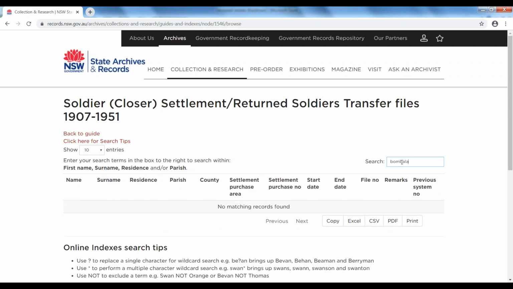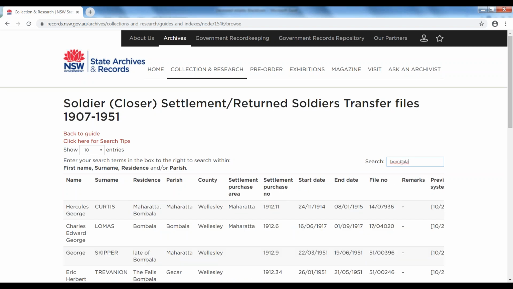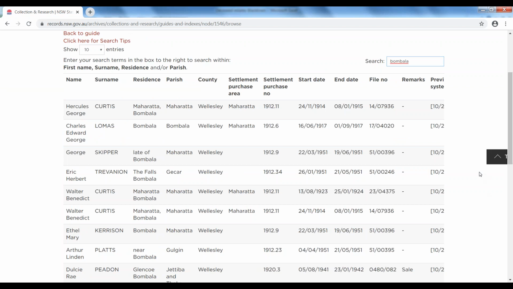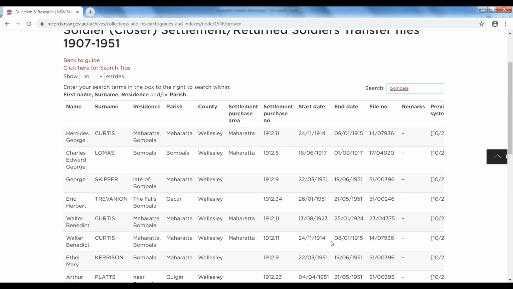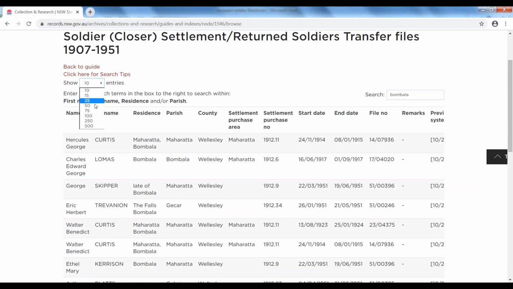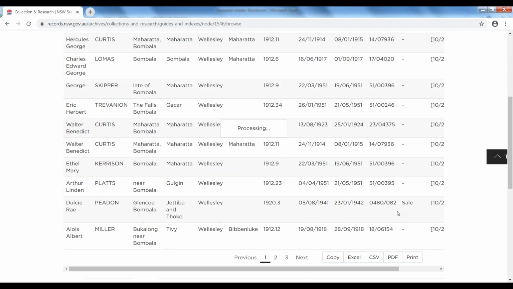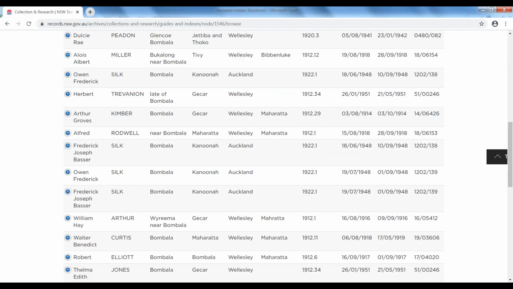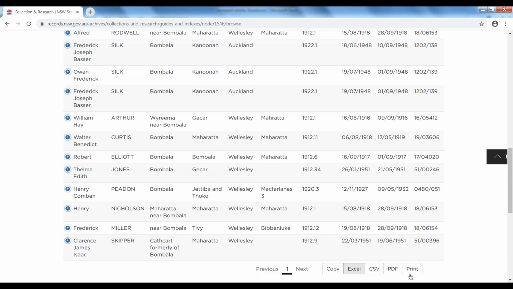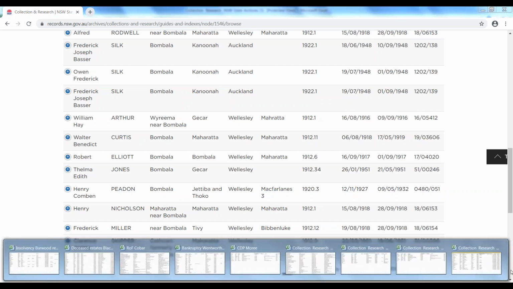And you can just search by a place. And these are the entries for Bombala. And I think it just gives you that picture.